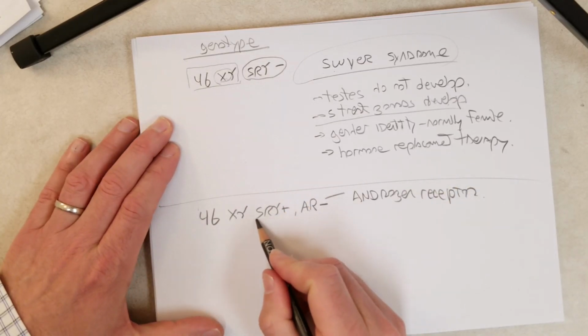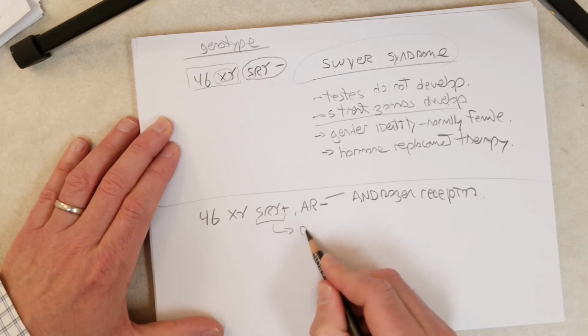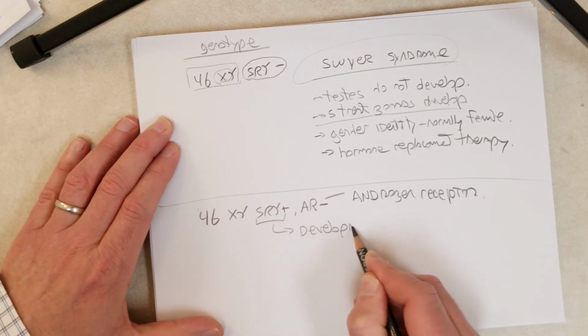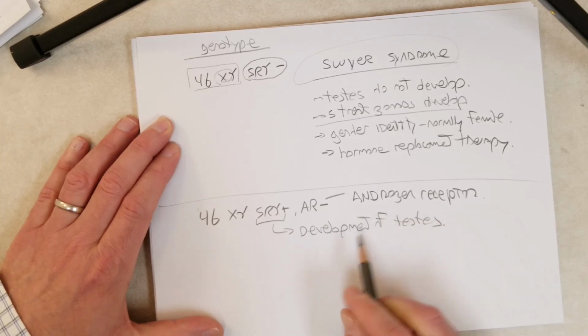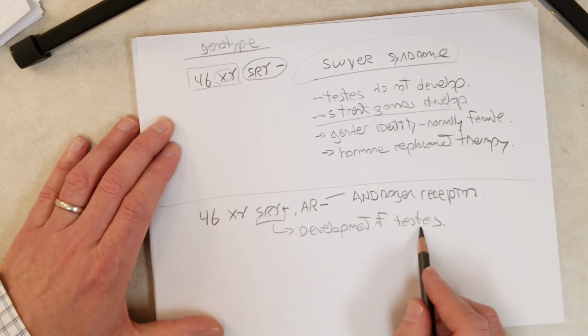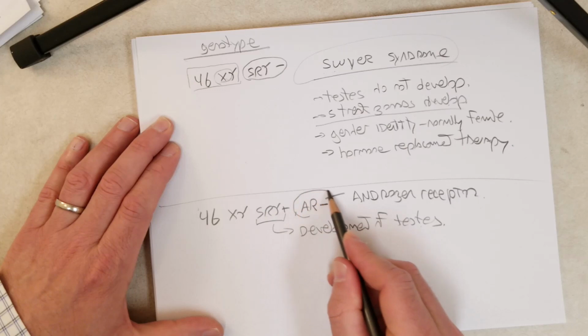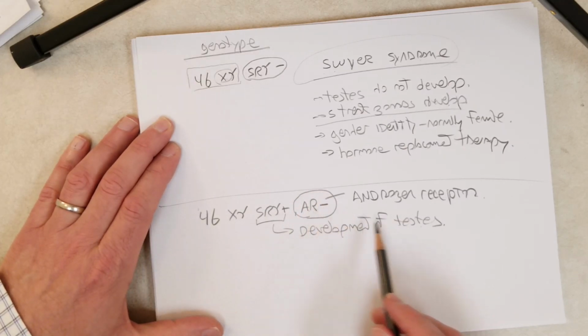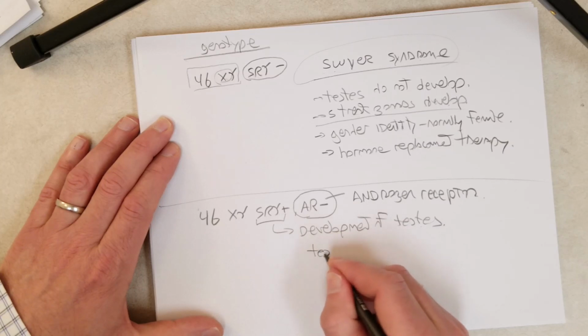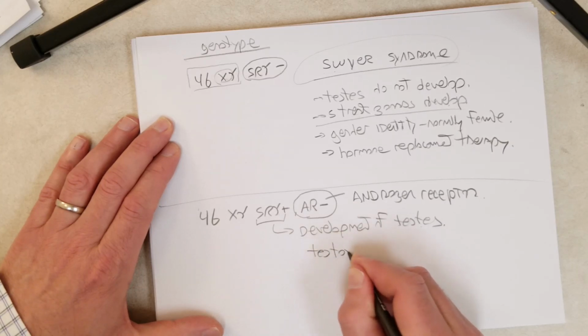Now, the presence of SRY leads to the development of testes, and the testes make testosterone. But the androgen receptor is a protein that's required for recognizing testosterone.